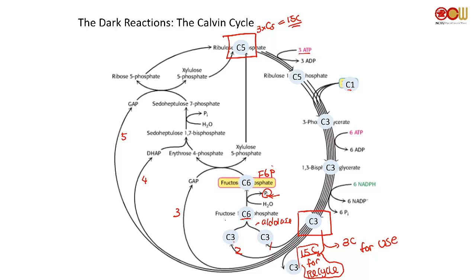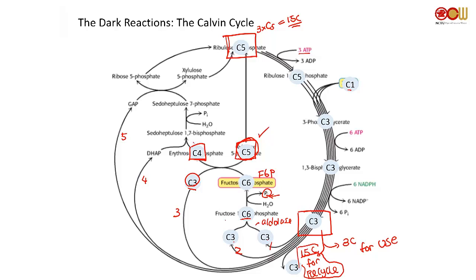Now F6P can then react with another C3, in this case G3P, and you get E4P and X5P, remember that? And one of the X5P can then do its isomerization to ribulose 5-phosphate. So you got 1 C5, check. Now you're left with a C4. You need to then convert C4 to a C5.